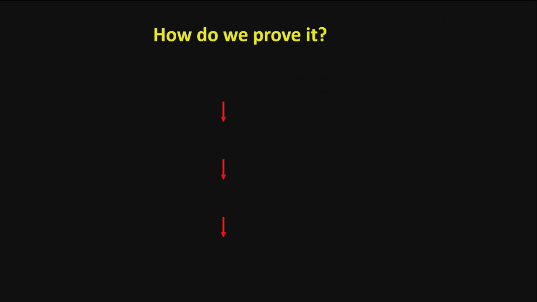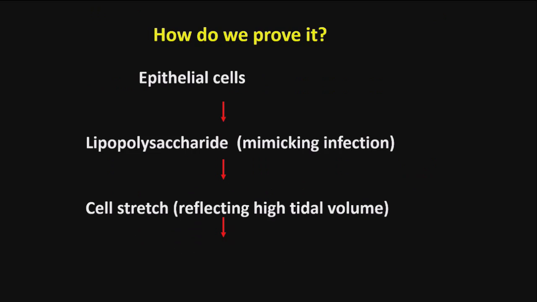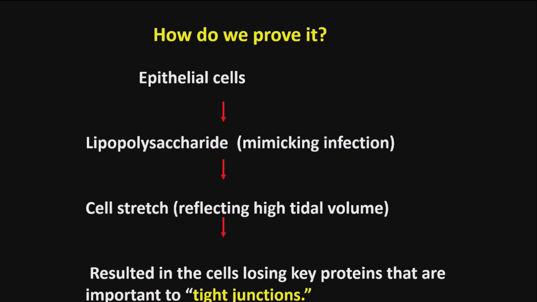Okay, and how do we prove it? So if we take, for example, cells and we try to create infection in these cells with lipopolysaccharide, and then we try to create damage from high ventilation, tidal volume, stretch. We stretch the cells, so we can lose the tight junction, lose the amount of this protein, the occludin zone 1 that I told you.